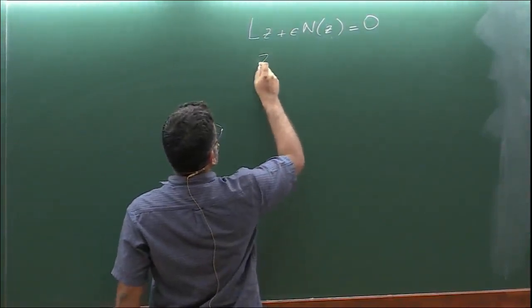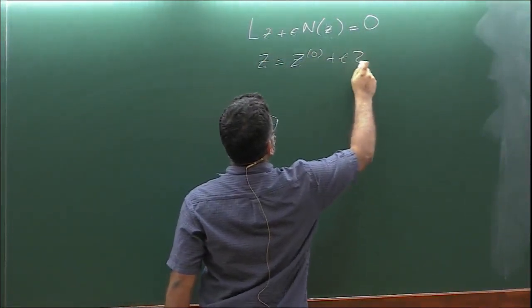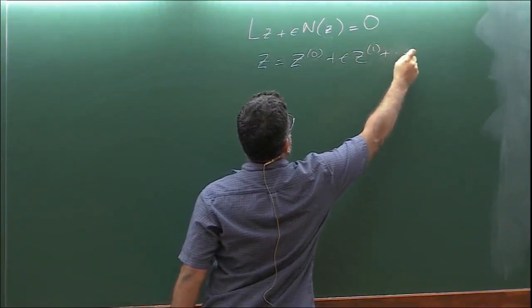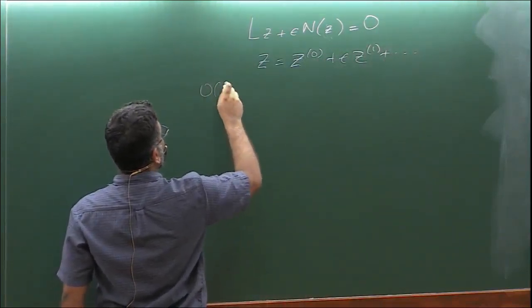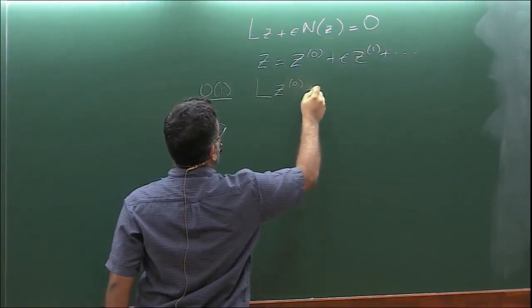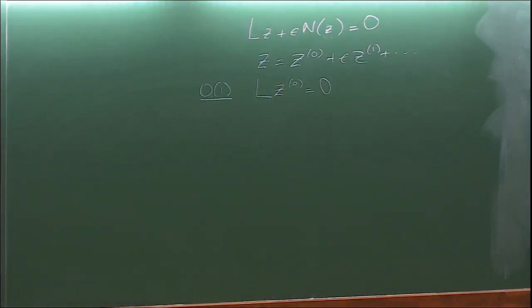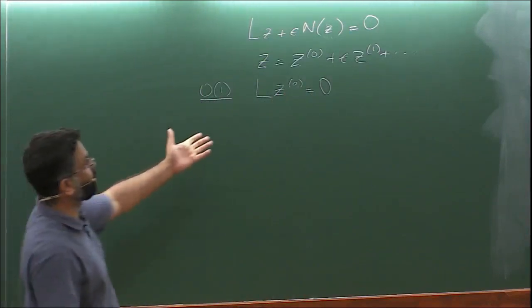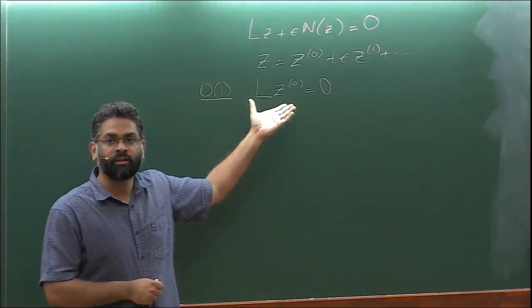And we assume a perturbation series of the following form, and then the order 1 equations become this. So this L of Z naught is 0. And to get non-trivial solutions to this problem, we need L to be non-invertible.